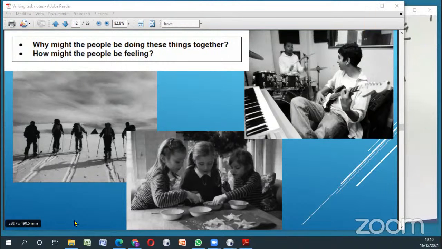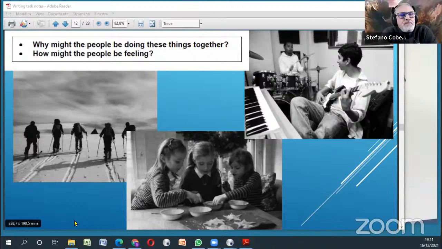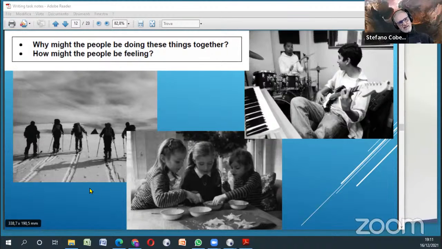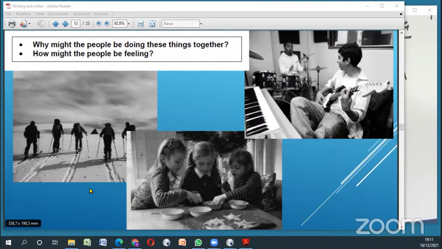About the first photo, I could say that they are a group of skiers, maybe friends, maybe they aren't friends, but they seem to be determined to arrive at a certain place, at the top of a kind of mountain. I don't know if it is a mountain that we can see in the photo. They're trying to arrive at this black pyramid. Yeah, good.